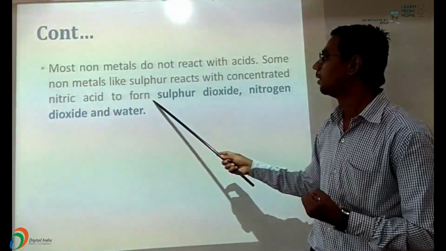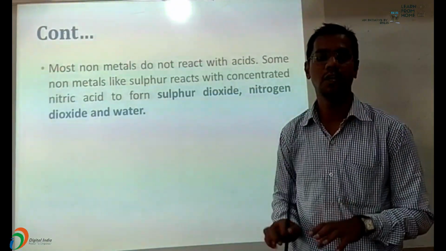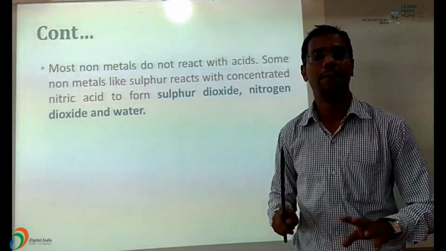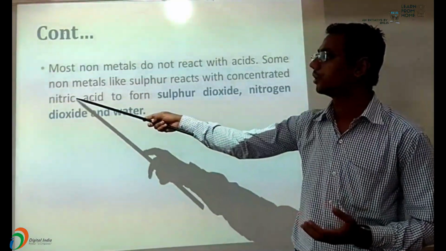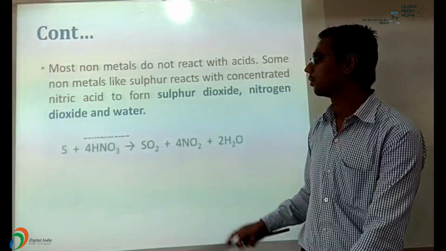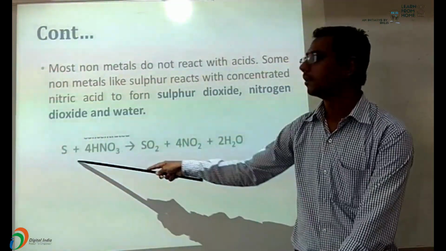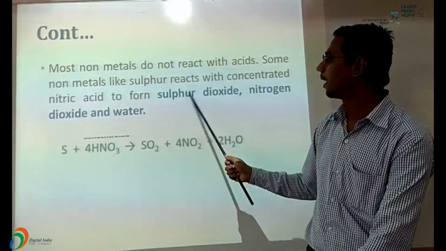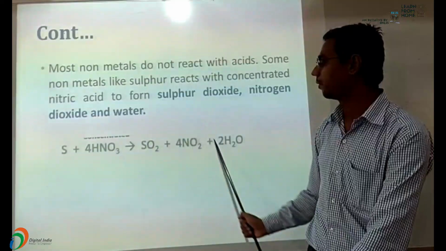And what do they form? They form sulfur dioxide, nitrogen dioxide and water. Non-metals generally do not react, but some non-metals react with HNO3. Nitric acid means HNO3. Sulfur is a non-metal. What do they form? Sulfur dioxide, nitrogen dioxide and water.